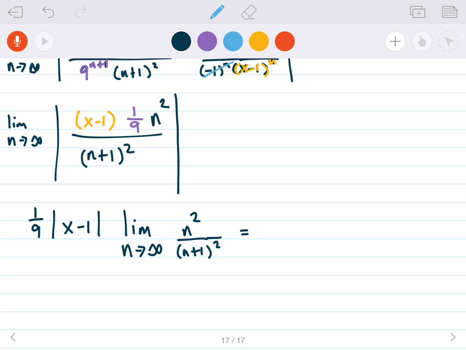Well, if I expand it out, I get n squared over n squared plus 2n plus 1 if I just FOIL the bottom.